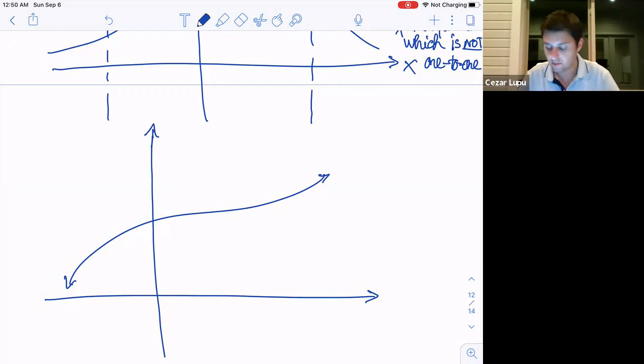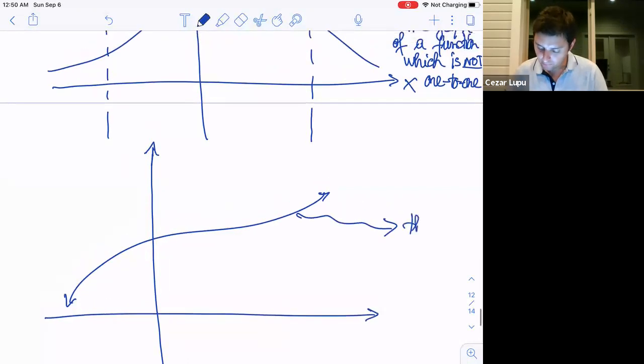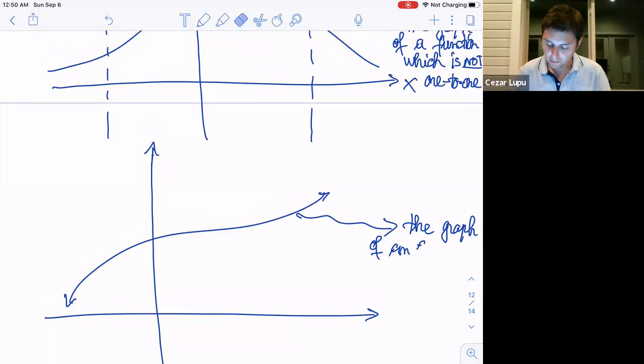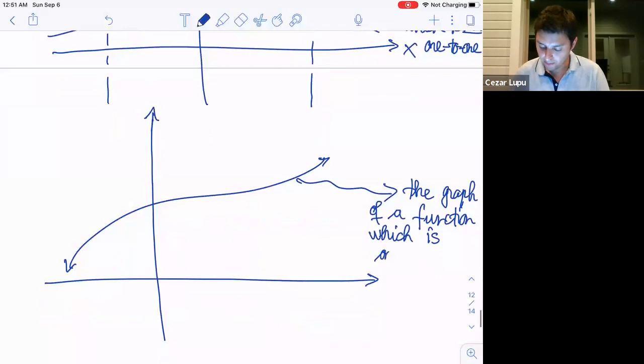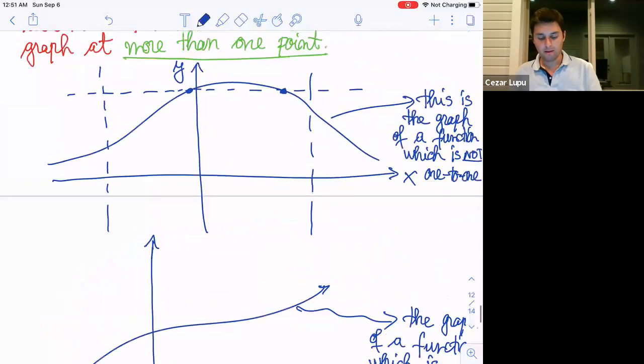So this is indeed the graph of a function which is indeed one-to-one.